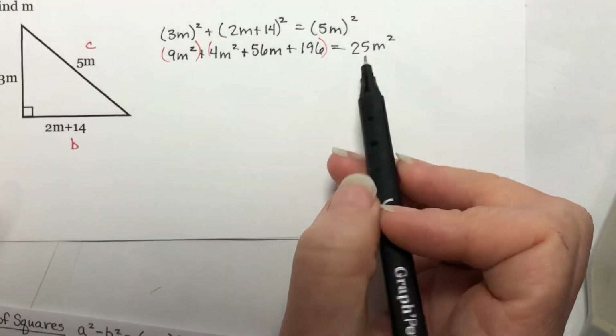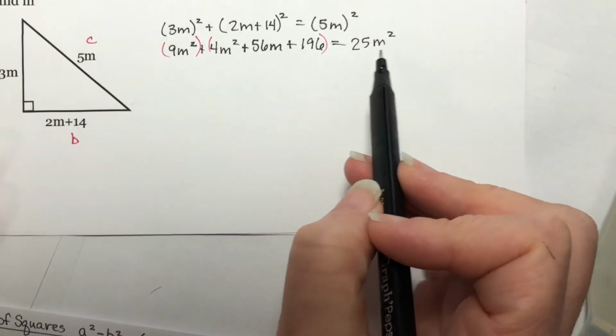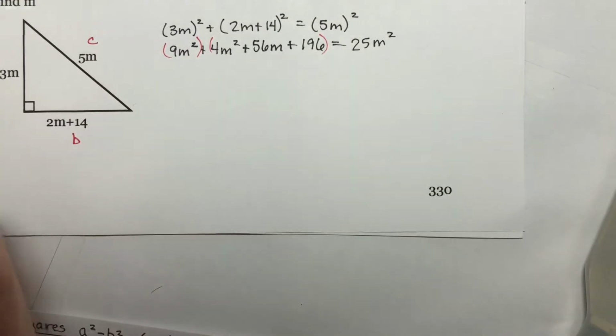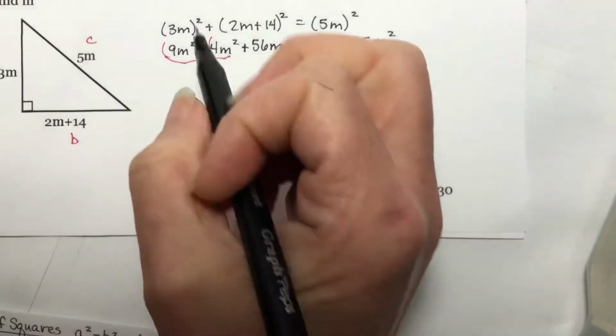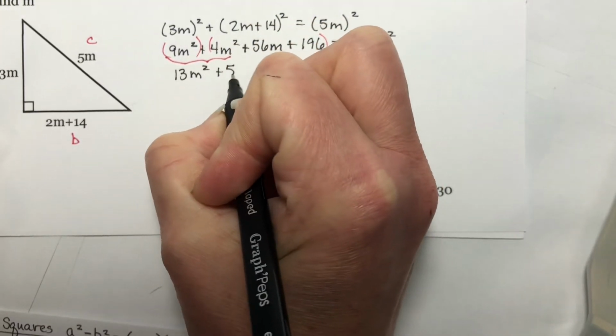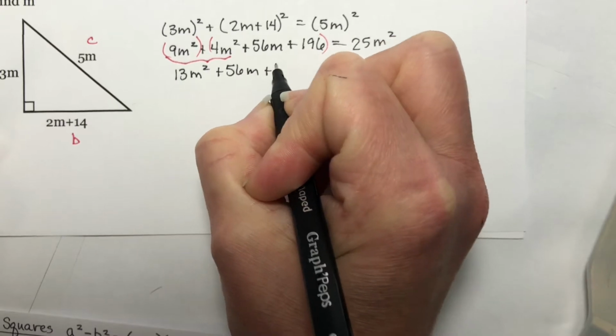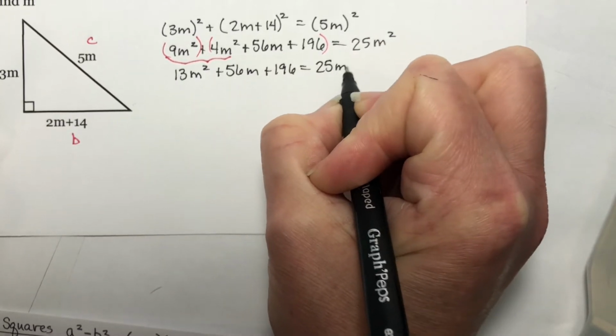Okay, so I need to get my m by itself. What can I do? I can combine these two. Let's do that first. So that'll be 13m squared plus 56m plus 196 is equal to 25m squared.